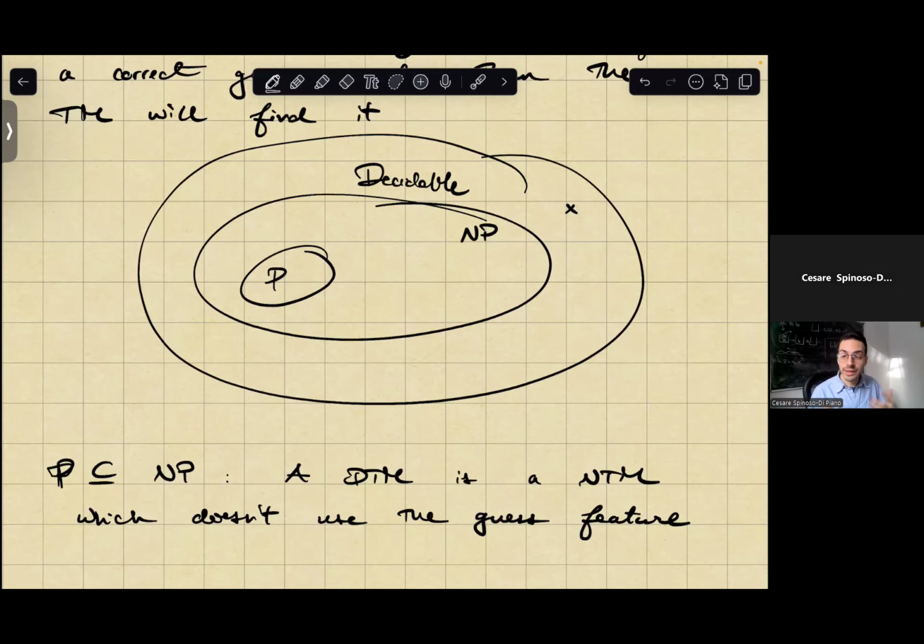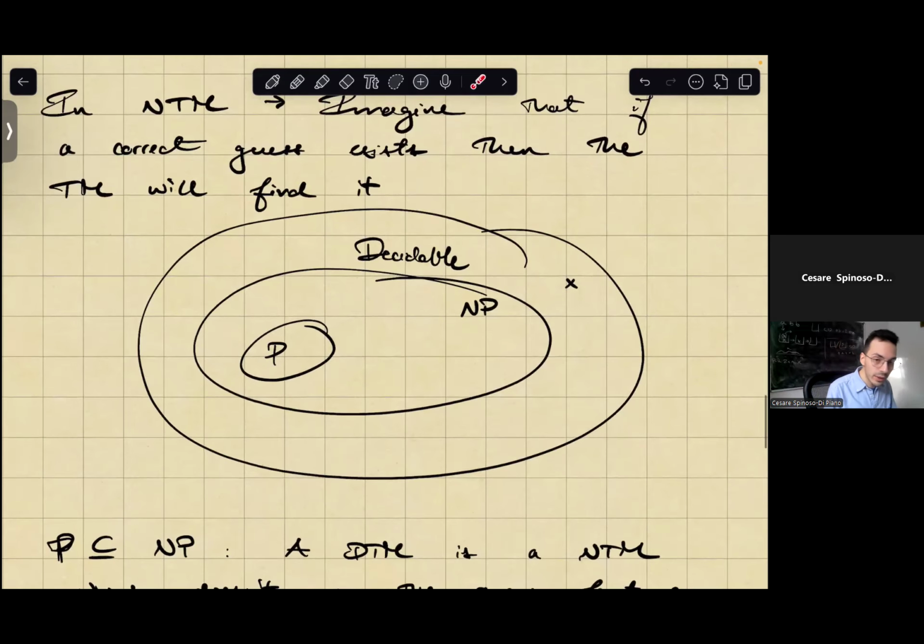Then for deterministic and non-deterministic Turing machines, it turns out that you have the same expressive power in terms of what you can decide. So if some problem is decidable with a non-deterministic Turing machine, then it's decidable with a deterministic Turing machine and vice versa.